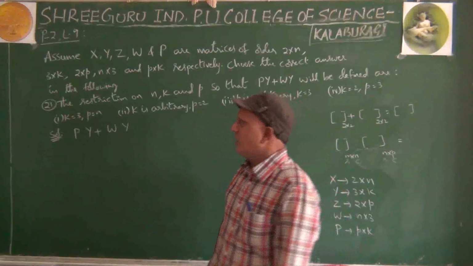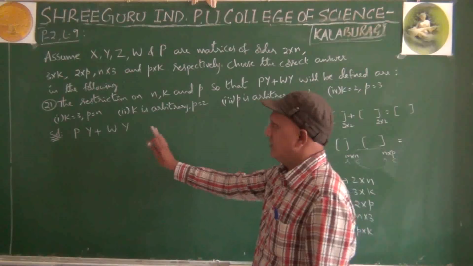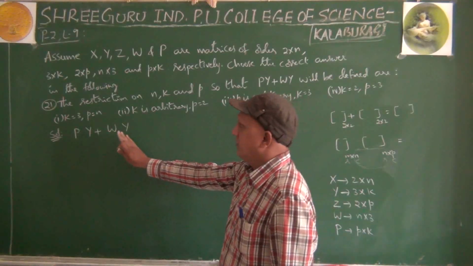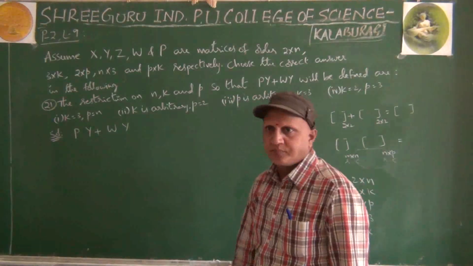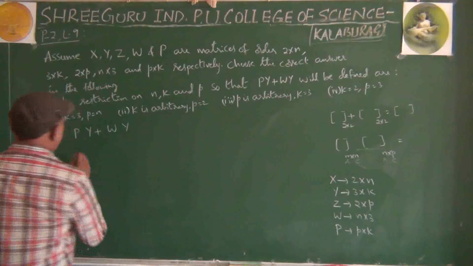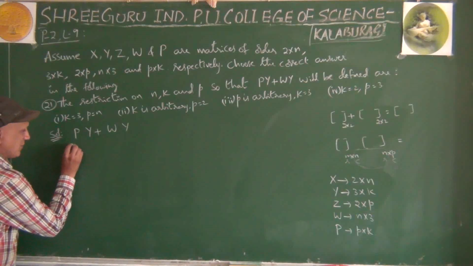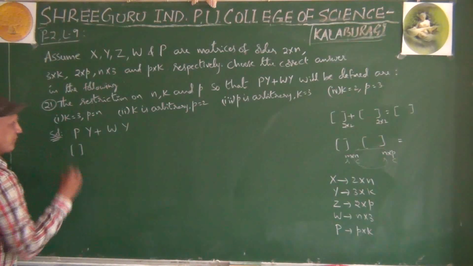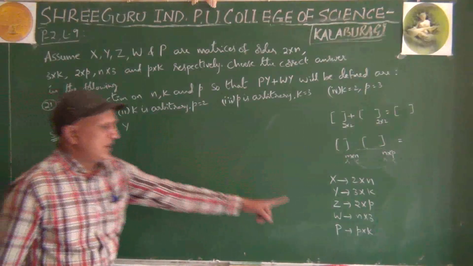Here working steps are not there, only analysis, which will be helpful for explanation. What is the order for the matrix P?